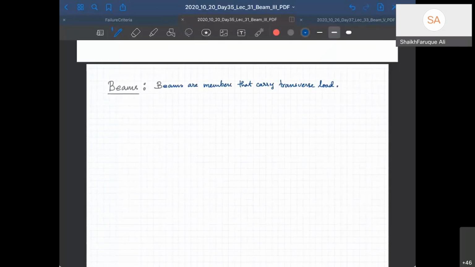Remember transverse load. Beam can carry axial load also. But if it has only an axial load, no transverse load, then it becomes an axial member. But a beam has to carry transverse load, and therefore there are transverse deformations.